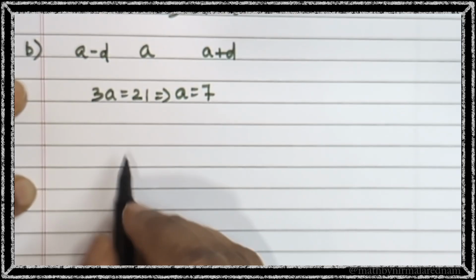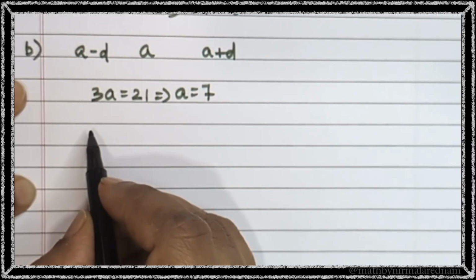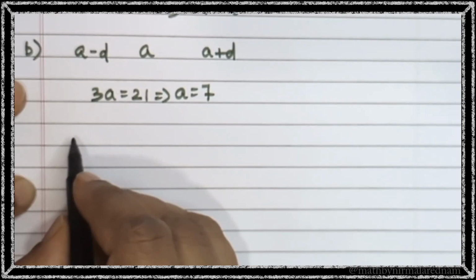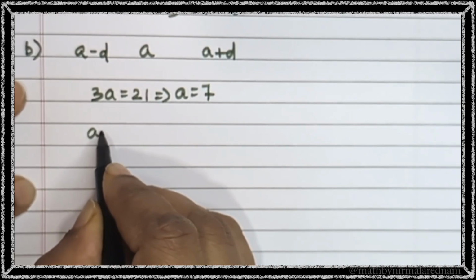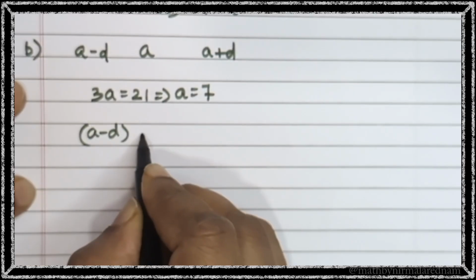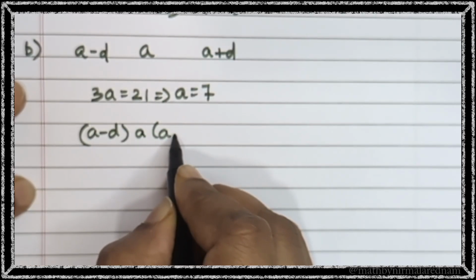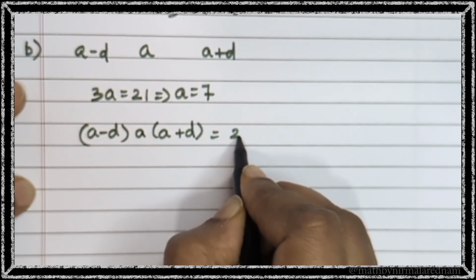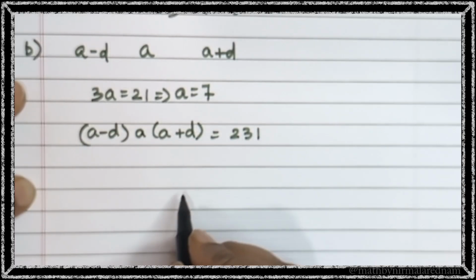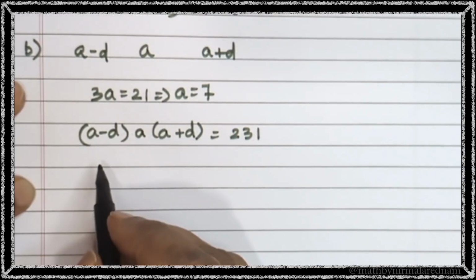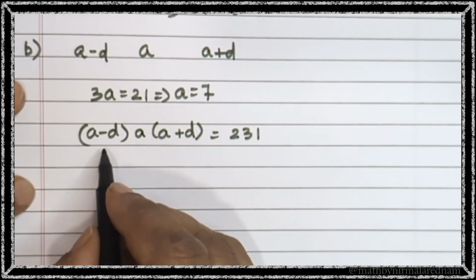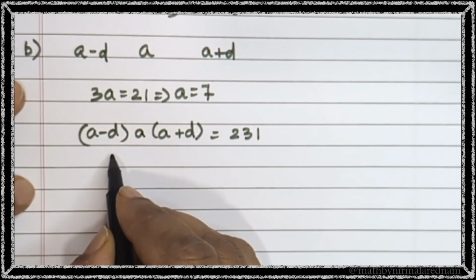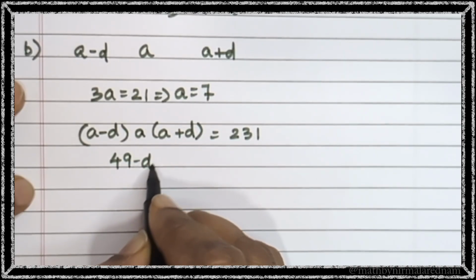Then I have the product given as 231. So what is the product? a minus d into a plus d is equal to 231. Now I know that a is already 7. So when I take that value into consideration, I have 49 minus d square is equal to 231.